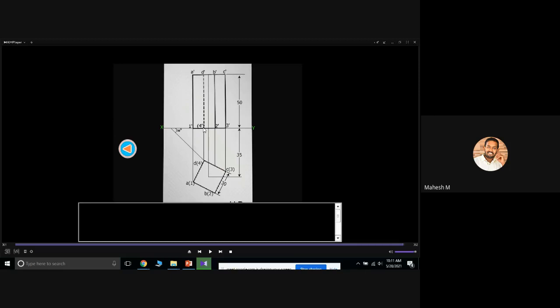We have already discussed one condition, that means our previous problem, where the base is inclined at 30 degrees to the HP. So we created a diagram that is 30 degrees inclined to HP. And you have to look at the condition carefully, whether the base is inclined at 30 degrees to HP or the axis is inclined at 30 degrees to HP.